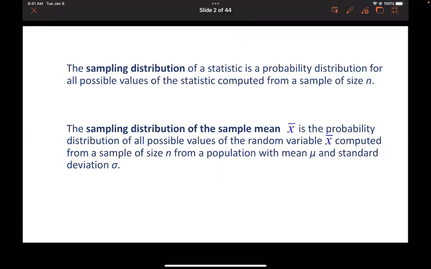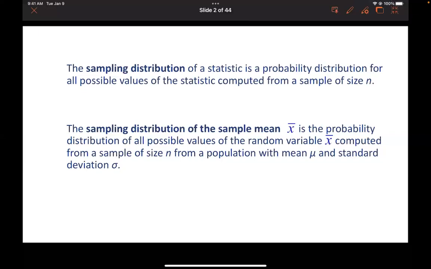So say I have a population of 100,000 people, and we take samples of size 50, and we find the mean of each of those size 50 samples, and we keep doing that until we got all of the possible samples. So a sampling distribution would be taking all of the means that we found and analyzing just all of those means.